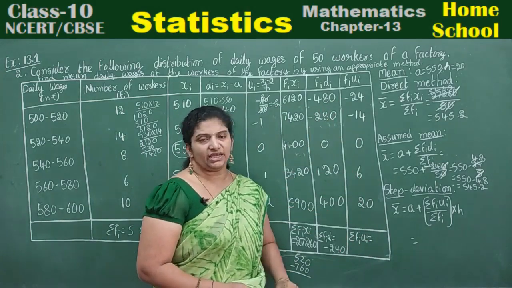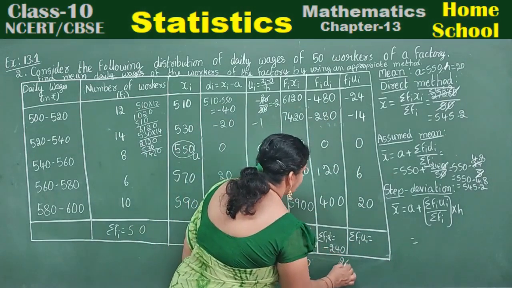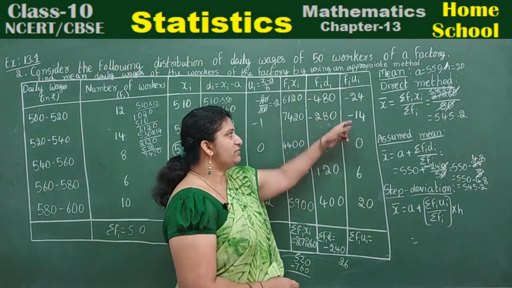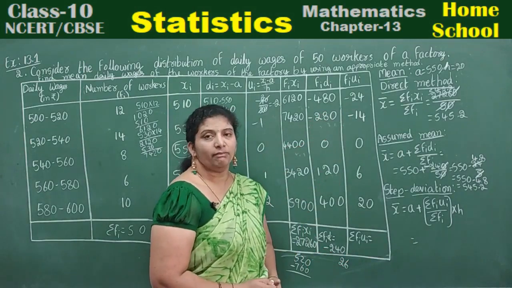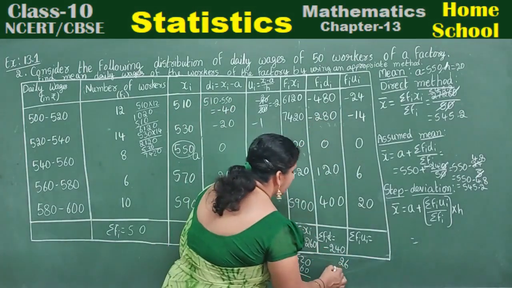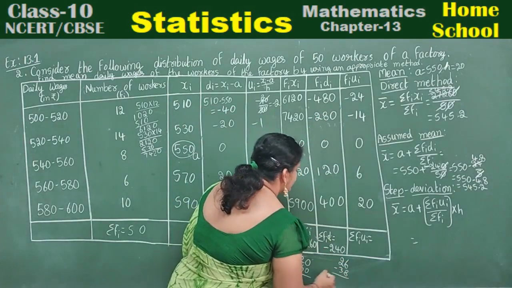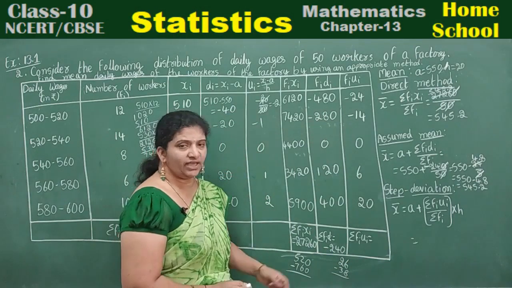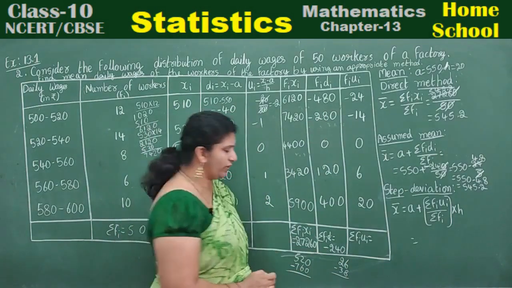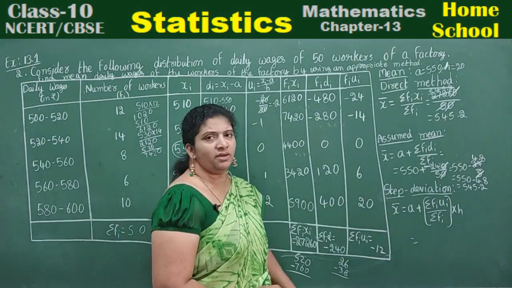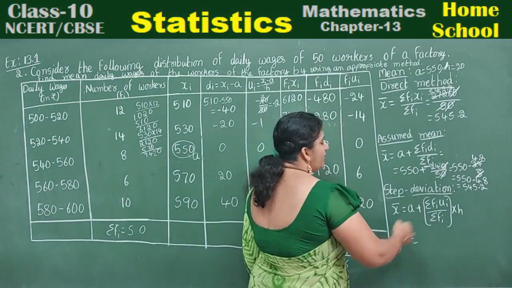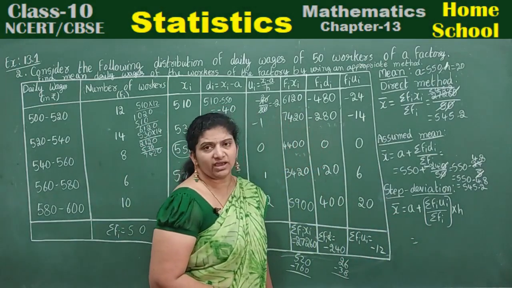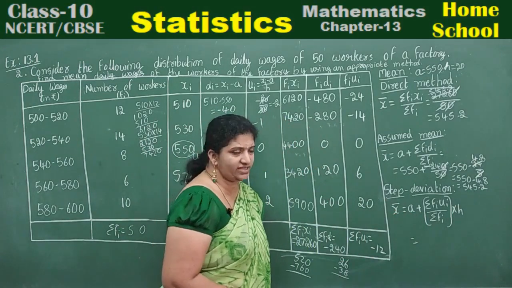Same pattern: add positives, add negatives, then in this you subtract this. 6 plus 20, 26. Minus 24 minus 14, minus 38. 26 minus 38, what will it be? It will be minus 12. Applying the formula, X bar is equal to A plus summation Fi Ui by summation Fi, into h.